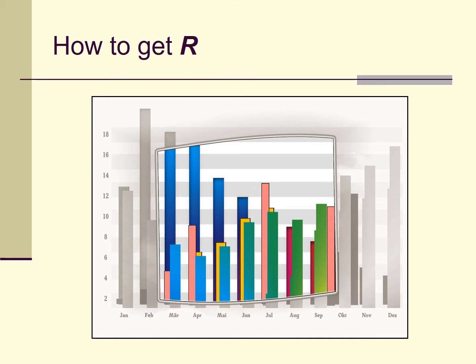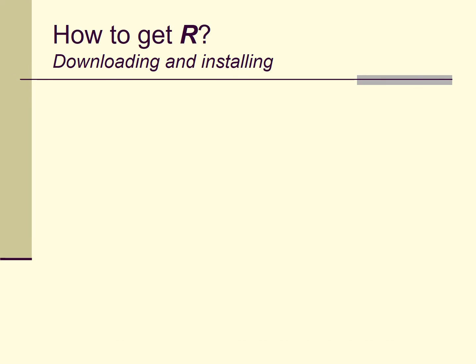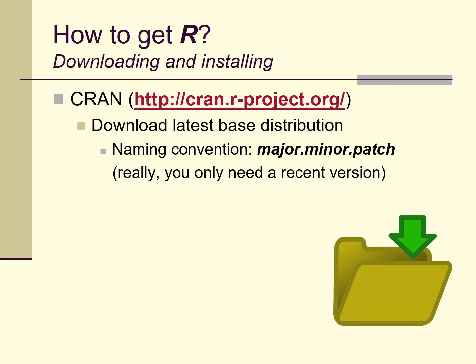So how do you get R, or where do you get it? Well, like I said, it is available for free at the CRAN, which you can see the URL for right there, or if you just go to any search engine and type in CRAN or even just R, you'll very likely hit on that as one of the first hits that comes up in your search, so it's very easy to find.